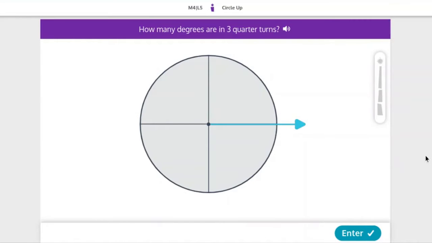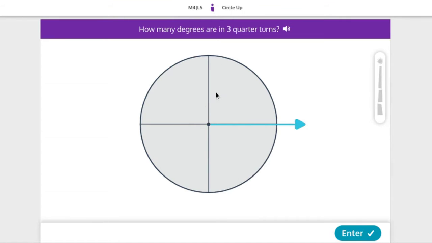All right, our first question on the Tower of Power, it says, how many degrees are 3/4 turns? Okay, so a circle, you need to know this. A circle altogether is 360 degrees. If you measured every angle altogether, a circle is 360 degrees. A quarter means a fourth of that.